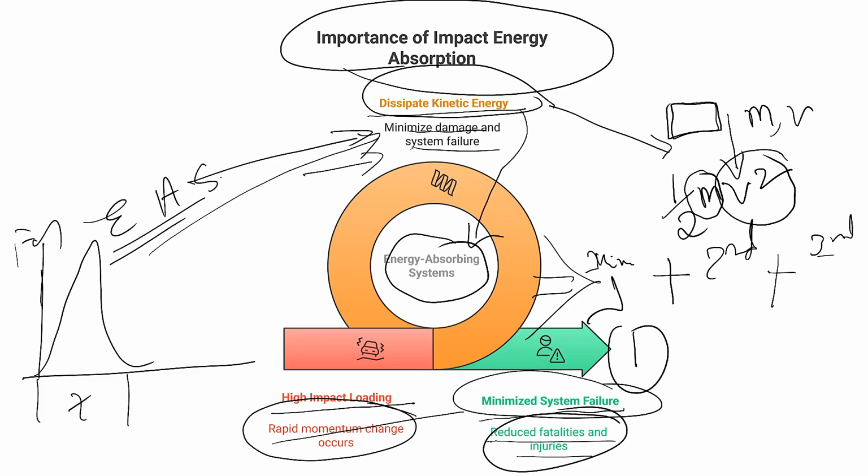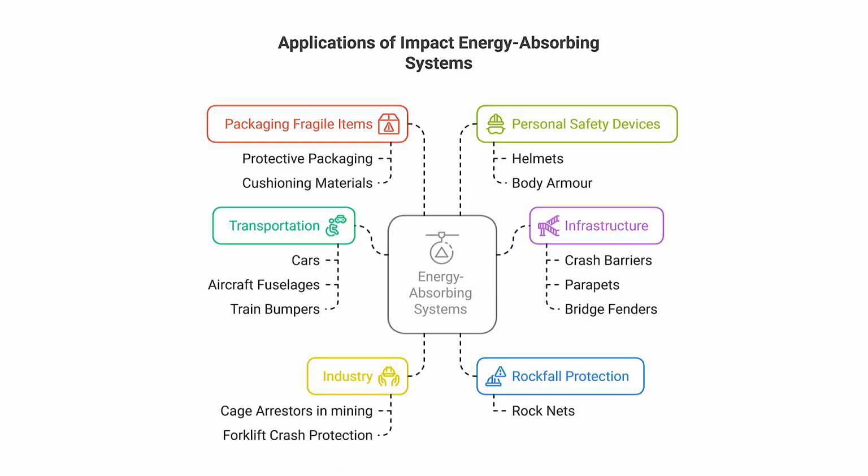The paramount concern is reducing fatalities and injuries to the occupants, second is minimizing the system failure, and third is minimizing the damage to the peripheral systems. This is achieved by dissipating the kinetic energy and absorbing the total energy of the system during an impact event.